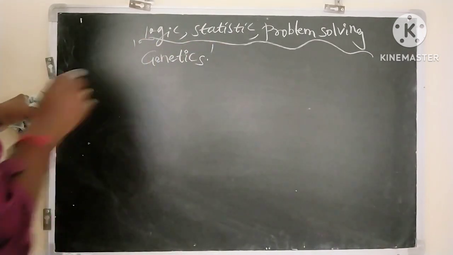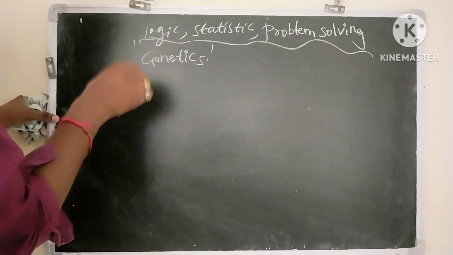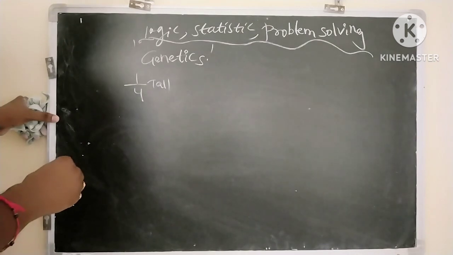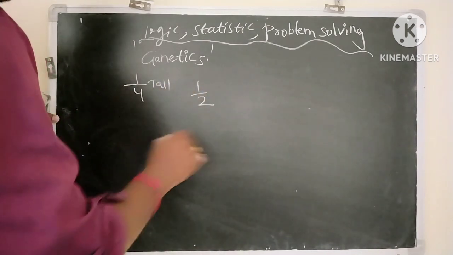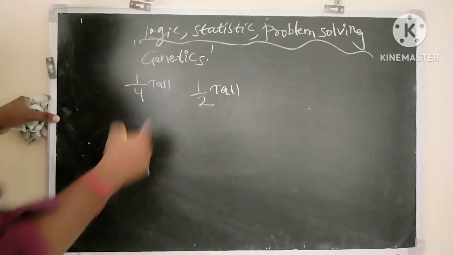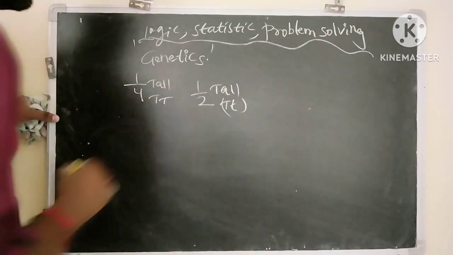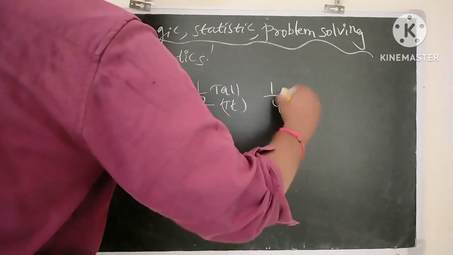According to Mendel, in the F2 generation we obtained 1/4 tall, 1/2 tall only, but what is the difference? Here capital T capital T, here capital T small t, and 1/4 small t.